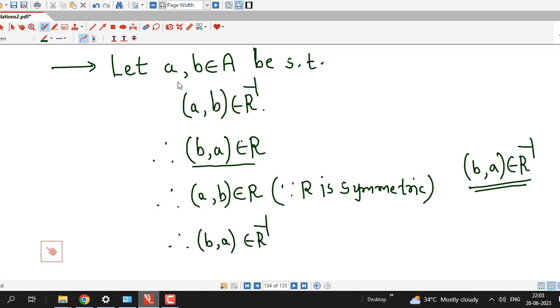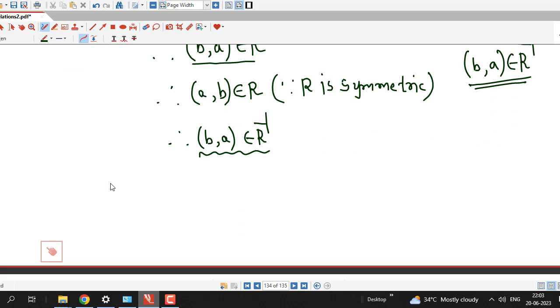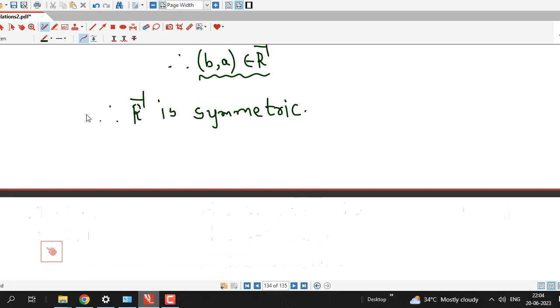So we have shown that if we take any two elements A, B in a given set A such that (A, B) belongs to R inverse, then (B, A) is also in R inverse. This means R inverse is symmetric. So we have shown that if R is symmetric, then R inverse is also symmetric.